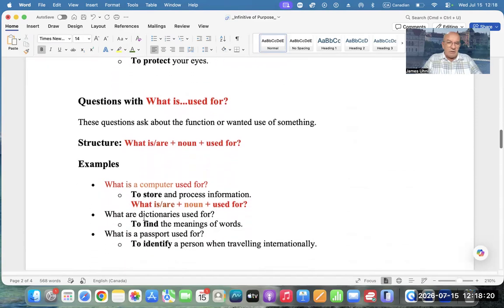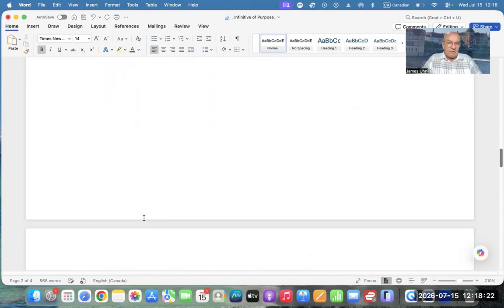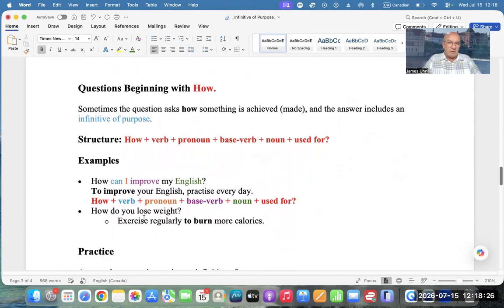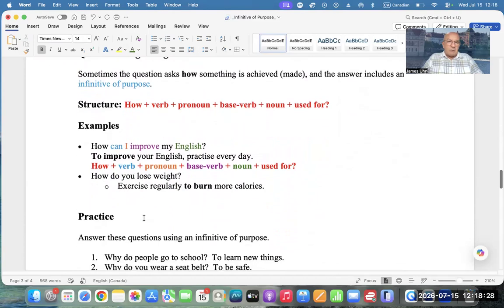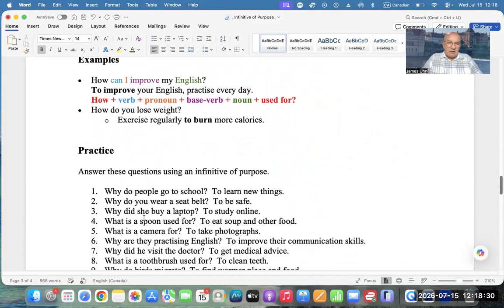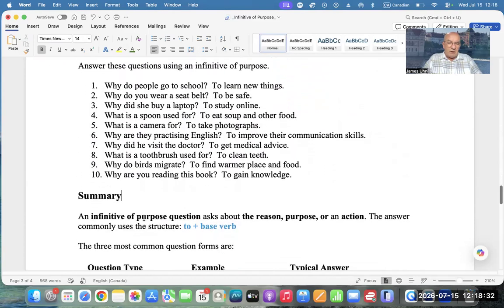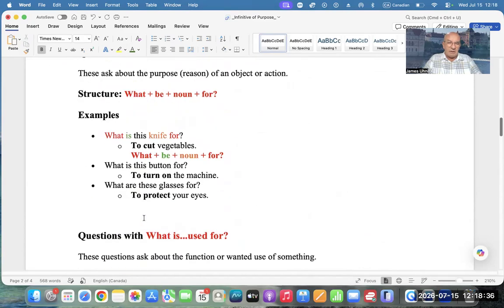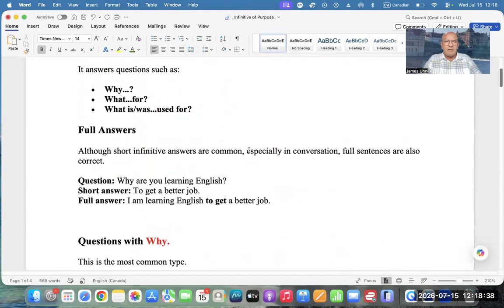And then there is this question of how, which is not easy at all. So once you study it carefully, you do understand what it says and how it explains. Right, everybody? And this is everything I wanted to explain with infinitive of purpose question.